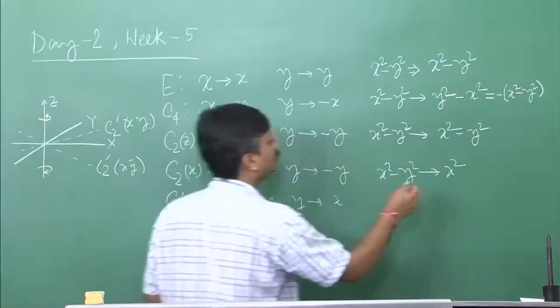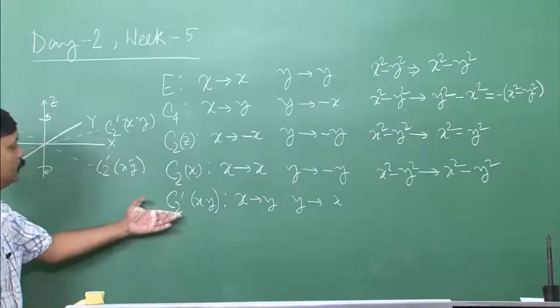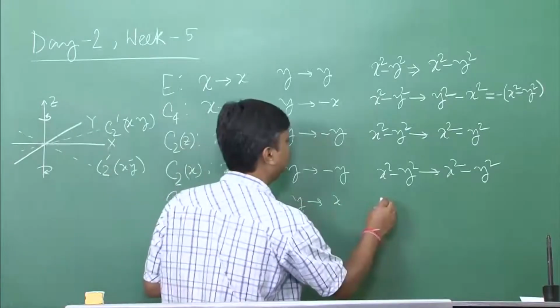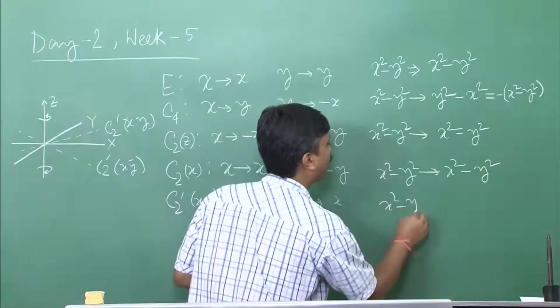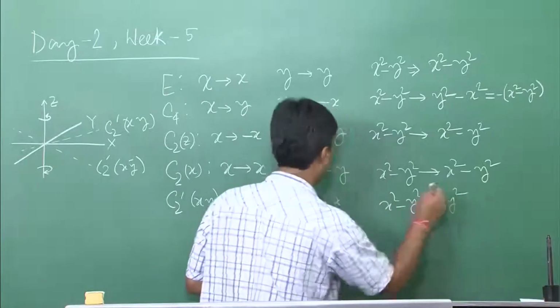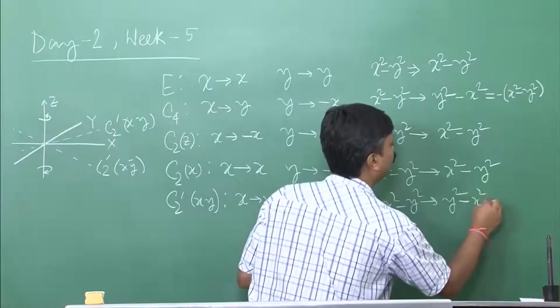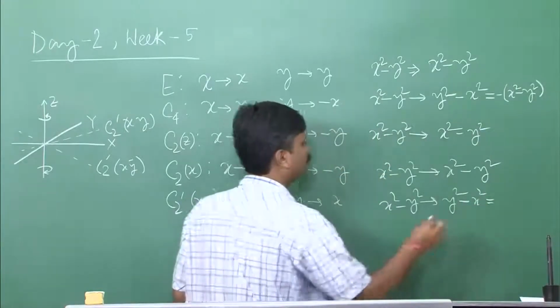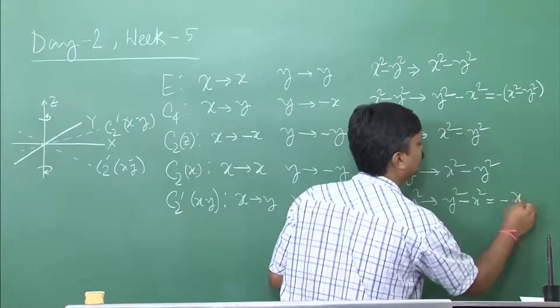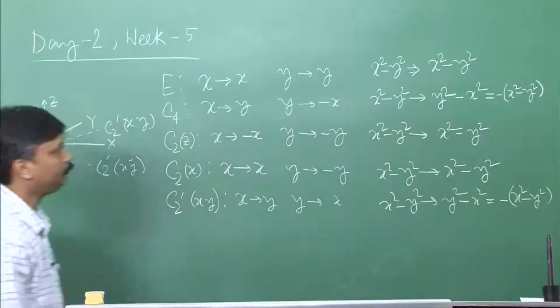And lastly C2 prime, x is becoming y, therefore it is y square, and y is becoming x, so minus x square, which equals minus x square minus y square. All right.